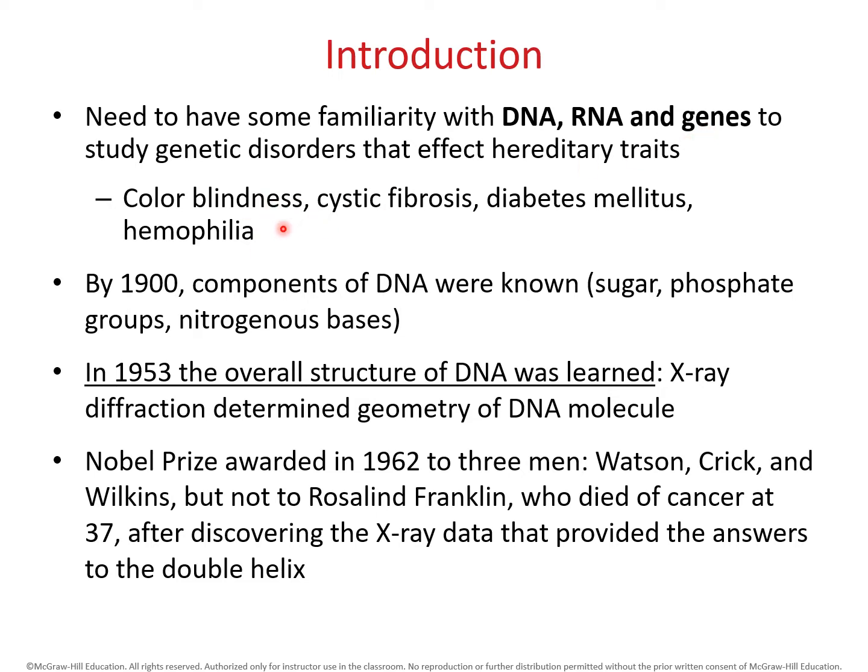So again, these are just some examples. Color blindness, cystic fibrosis, diabetes, hemophilia. All right, these are just some examples of diseases that are related to some mistake or error in DNA synthesis, DNA replication, or something along those lines.